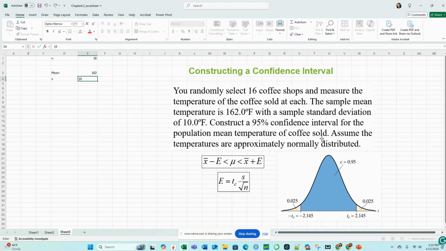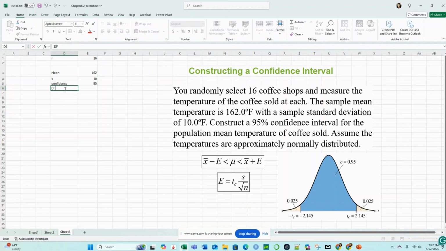That means this data is normally distributed, so the first condition is true. Sigma is unknown, and the confidence level is 95%.